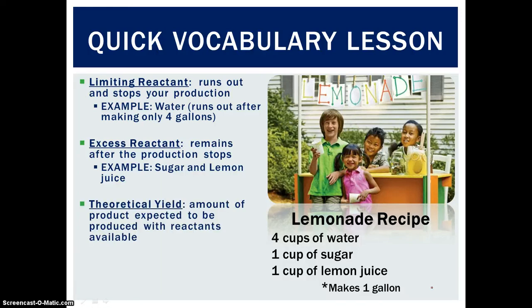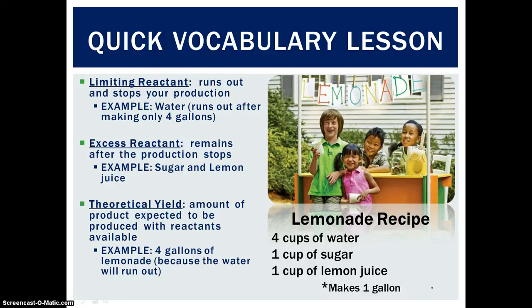The theoretical yield is the amount of product expected to be produced with the reactants available. So in this case, it's how much lemonade I could make given what I have available. And that's 4 gallons of lemonade, because the water will run out after you make 4 gallons.